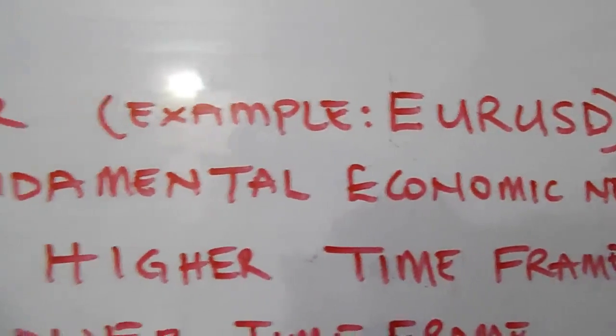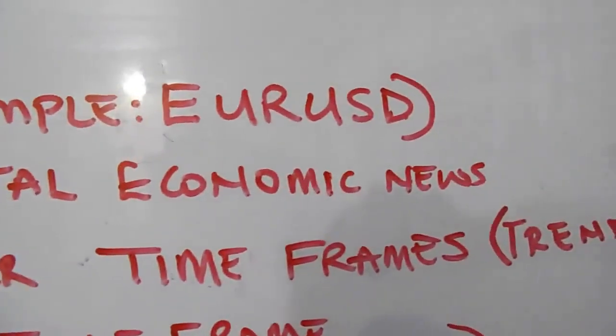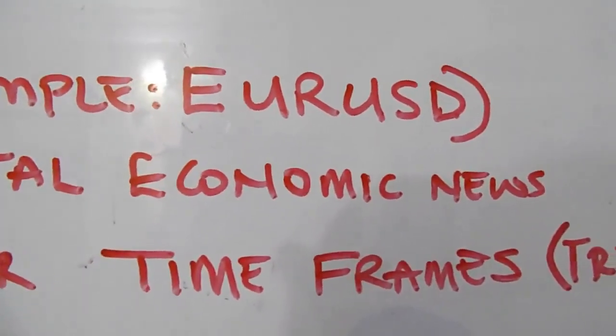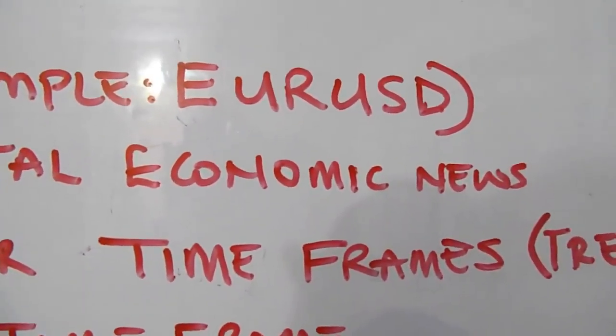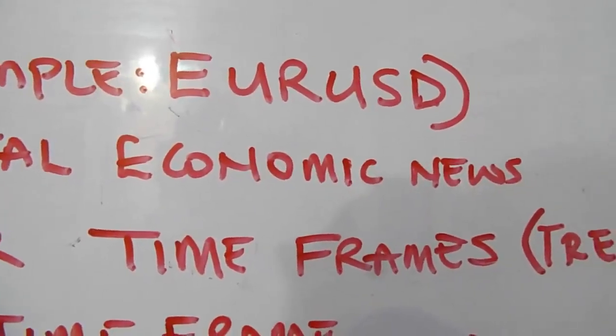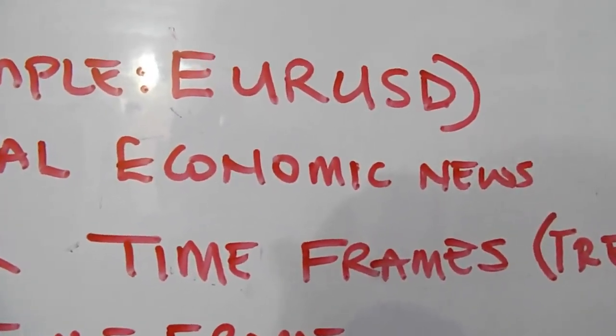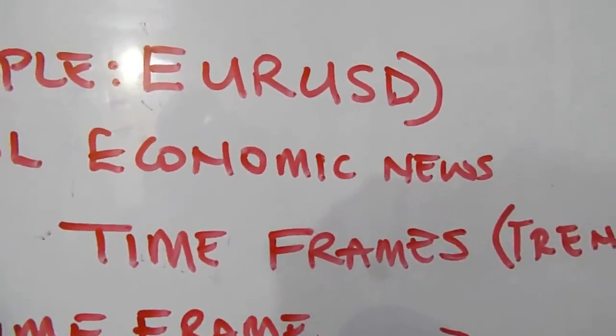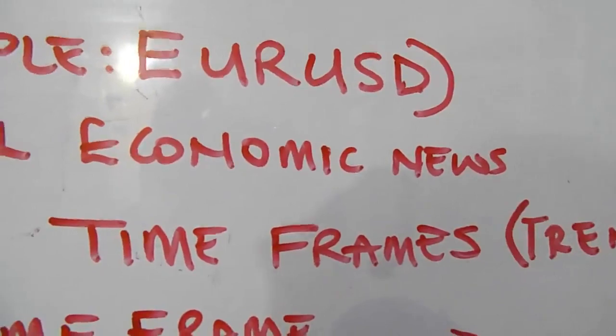fundamentals, check for the fundamental economic and news concerning Euro as a zone, as a region, or as a part of the continent, or as what the activity that concerns Euro as a currency. You know, you have to look at those things. Look at the news.